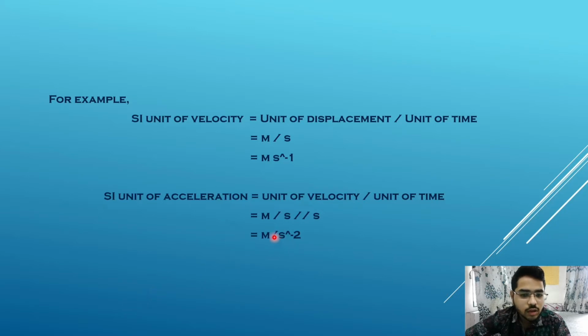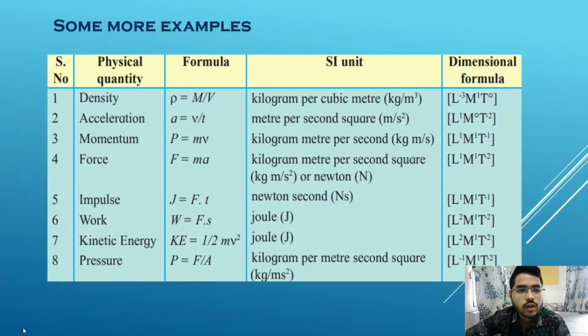Here actually I have to correct it. This is meter per second square. Here I have already written divided by, so the minus symbol should not come. I will correct it while uploading.